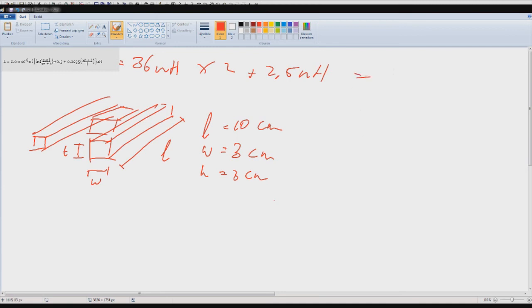So this all adds up to 72 plus 2.5 is 74.5 nanohenries. So that's very good actually. I have seen cases where it can get way worse than this, and we'll show you one of those. But first, let me show you the SPICE model.